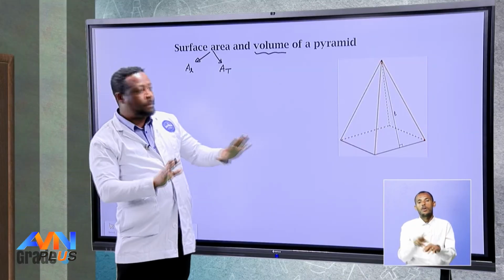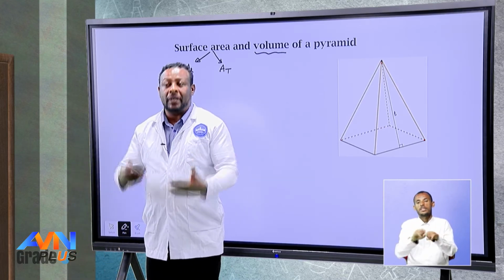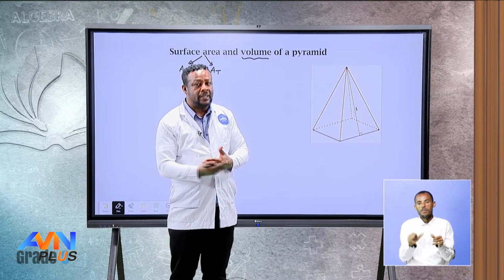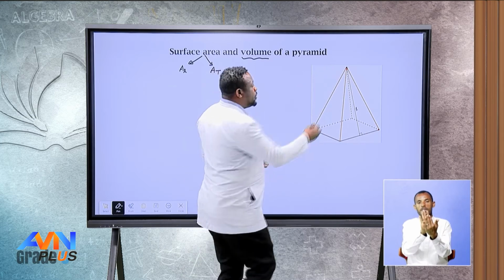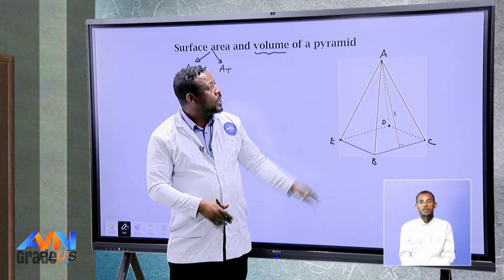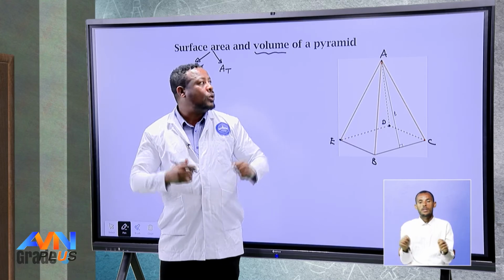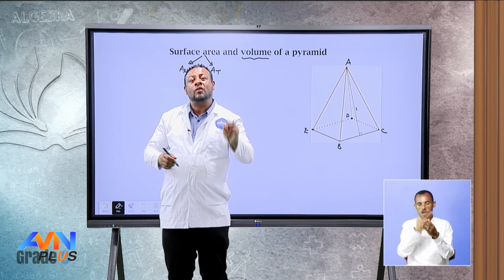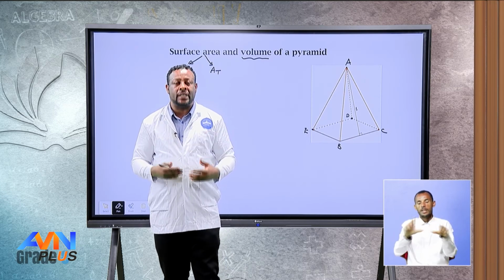Then we calculate the volume of a pyramid. Here, lateral surface area means the area of each face. So as you can see here, you can say this is A, B, C, this vertex is say D, and this is E. All the faces of this solid figure are triangular. So we need to add the sum of the area of each face, and that gives us the lateral surface area of the pyramid.